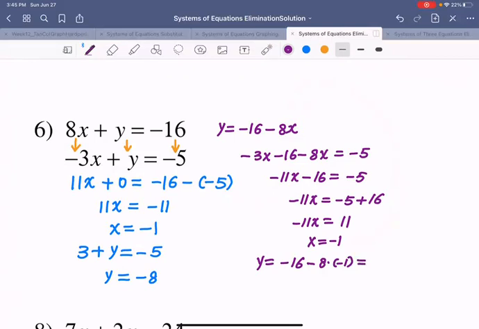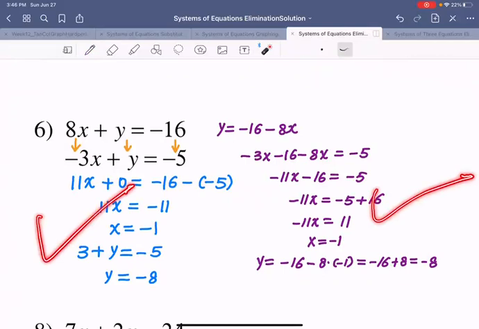This is negative 16 plus 8. Correct? Yeah. This is called the substitution method. This is called the elimination method. You like the blue way or you like the purple way? The blue one.